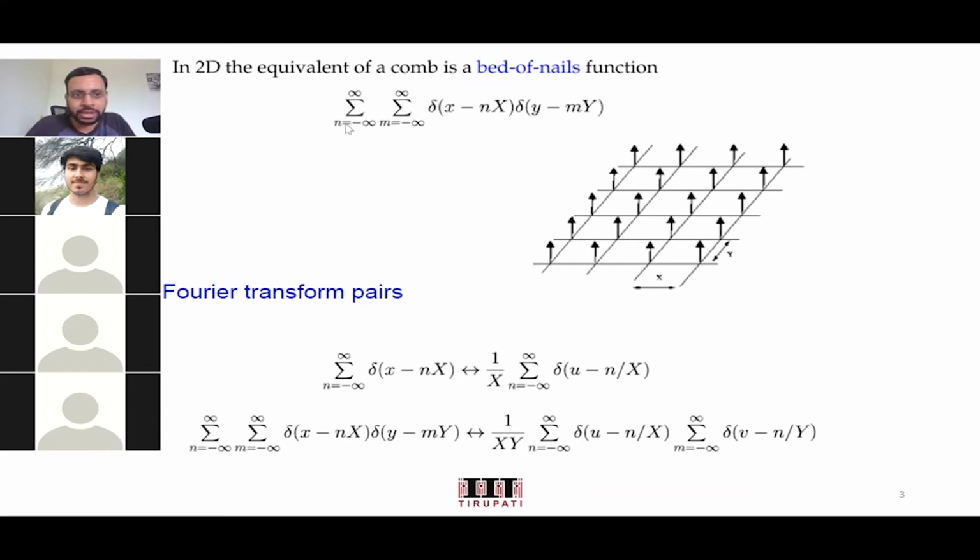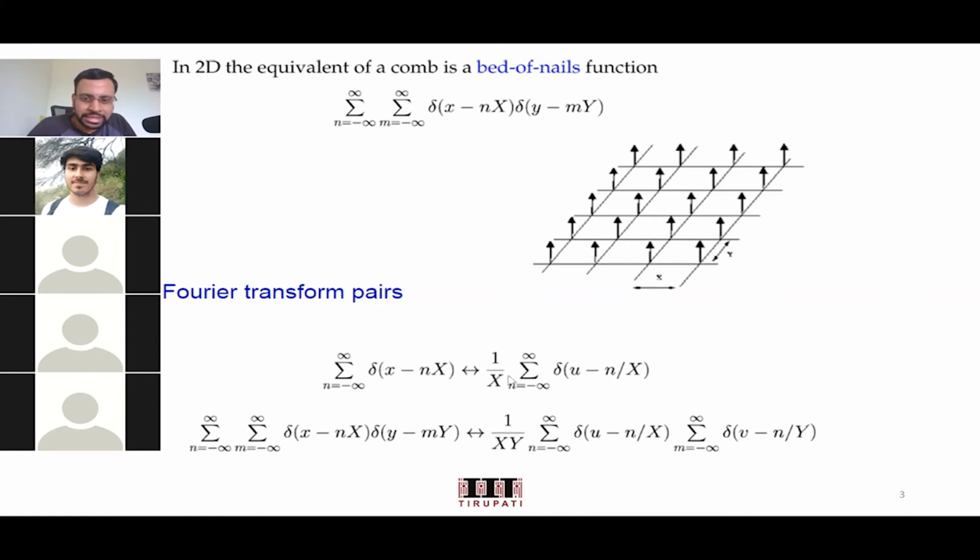Right, now the 2D equivalent is what we are writing there. Instead of having one comb, you have a bed of nails, varying in both x and y. And then the Fourier transform pair: where there are impulses placed at integer multiples of x, you take the Fourier transform of it.